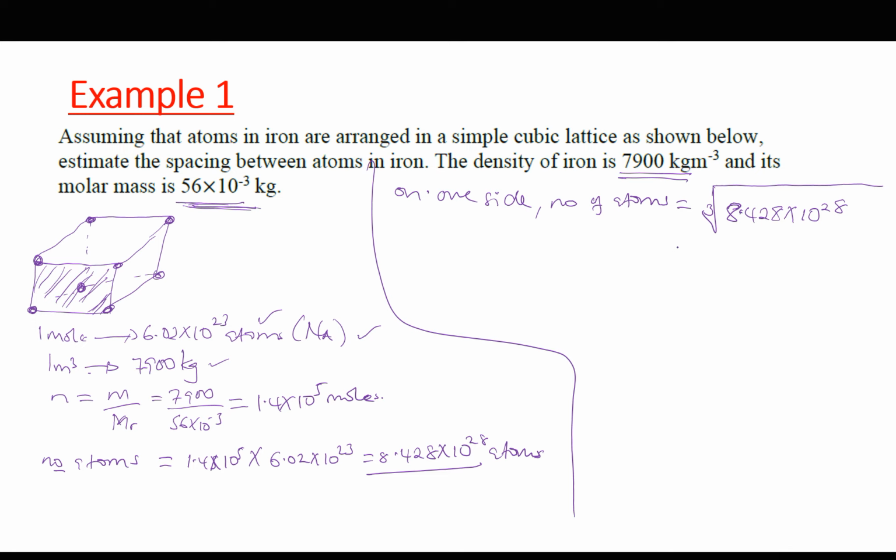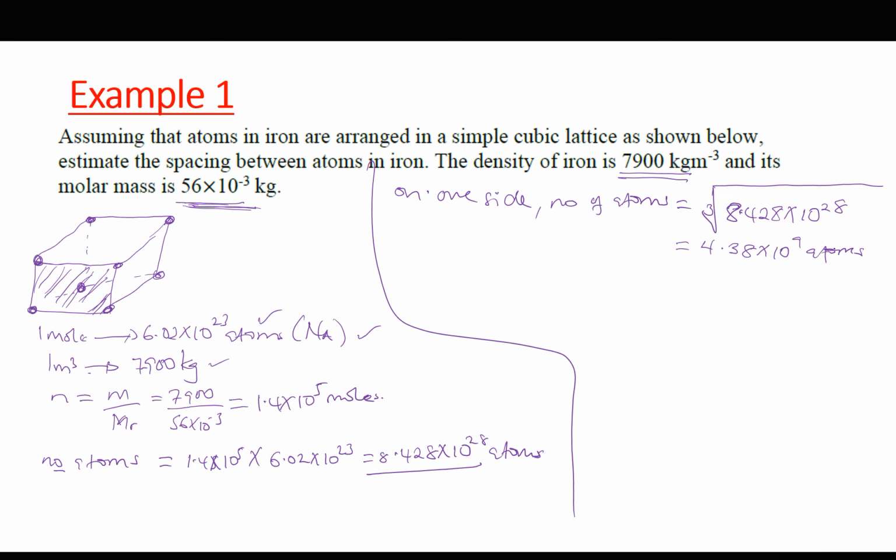And when I press my calculator, this is giving me 4, not 3. So this is giving me 4.38 times 10 power 9 atoms. These ones are arranged on one side of the cube.